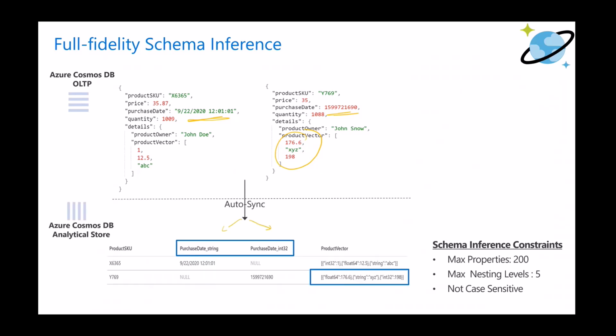So when full-fidelity schema inference happens, there are two columns that are created in the inferred store, whereas if it was well-defined, the data type would be based on the first occurrence. So if the string column was the first occurrence, then the column will be string type. If integer was the first occurrence, the column will be of integer type. And any subsequent data, if it is incompatible, would be skipped.